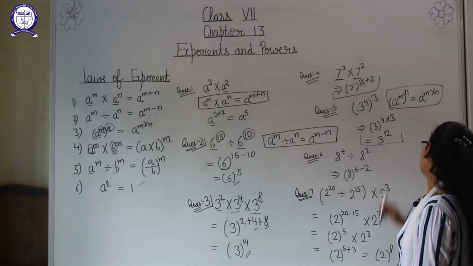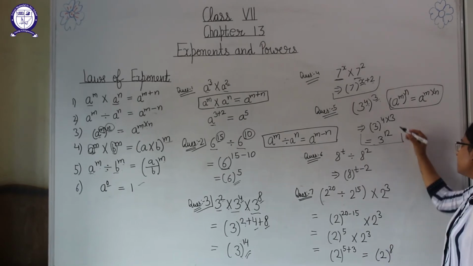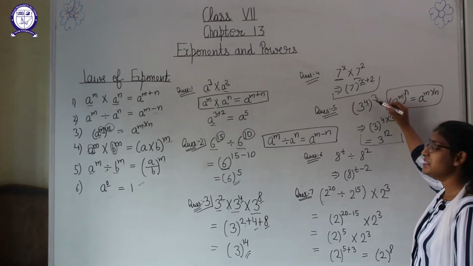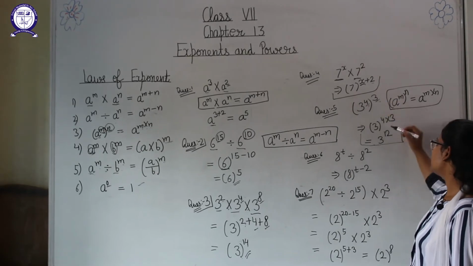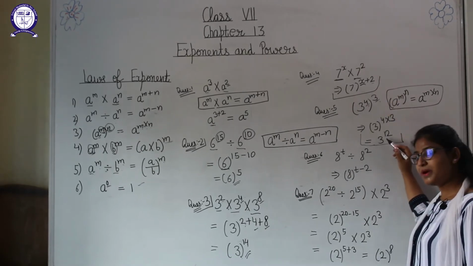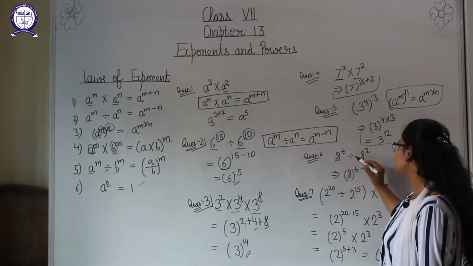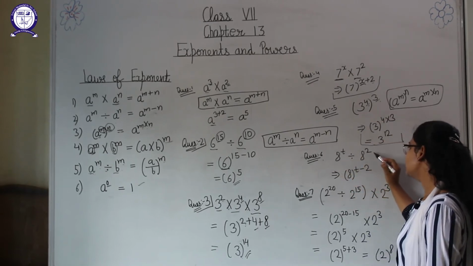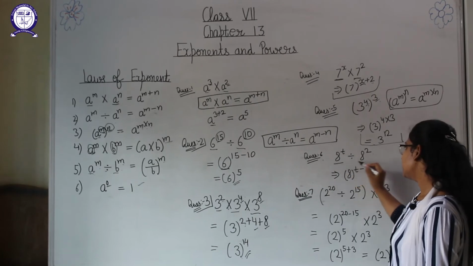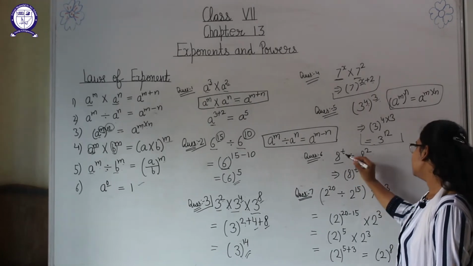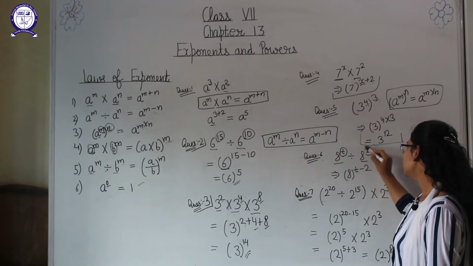We have discussed our 5th question, when power to the power is multiplied. Here 4 times 3 is 12, so our answer was 3 raised to the power 12. Now our 6th question is 8 raised to the power t divided by 8 raised to the power 2. Here 8 and 8, the bases are the same, and t and 2, the powers, are different.